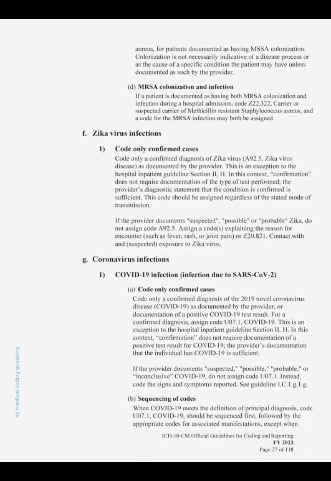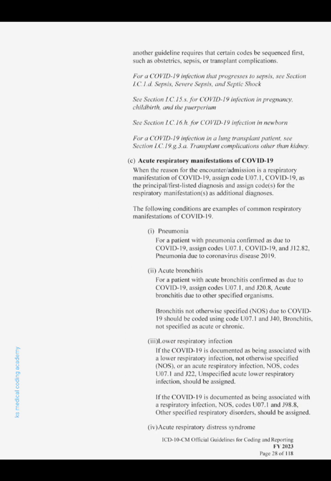Code U07.1, COVID-19, should be sequenced first, followed by the appropriate codes for associated manifestations, except when another guideline requires that certain codes be sequenced first, such as obstetrics, sepsis, or transplant complications. For a COVID-19 infection that progresses to sepsis, see section I.C.1.d, sepsis, severe sepsis, and septic shock.